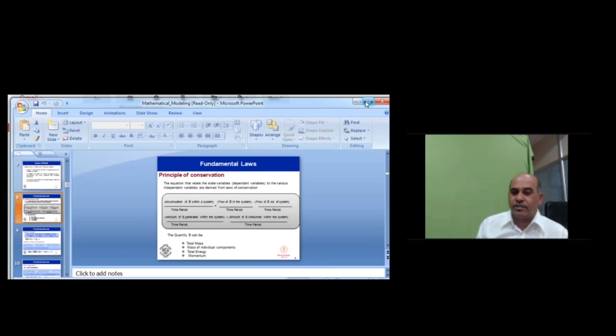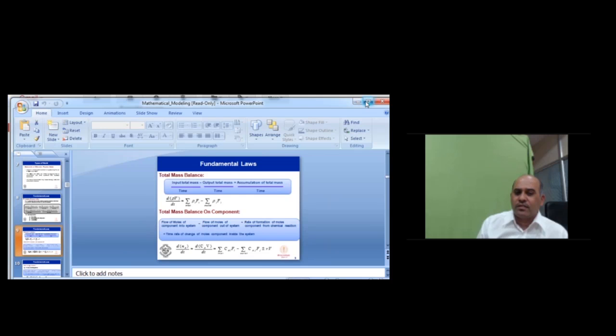This is the overall energy balance or mass balance equation. So if you take the left hand side equal to the right hand side of the mass and energy, and apply Newton's law or any fundamental laws of energy and momentum, you will get the state equation at a particular point. Let us say total mass. This is the mass balance equation: input total mass minus output total mass over a period of time is equal to the total accumulation inside the system.